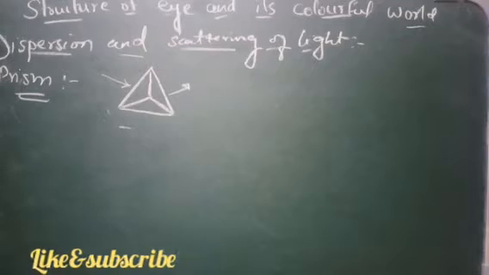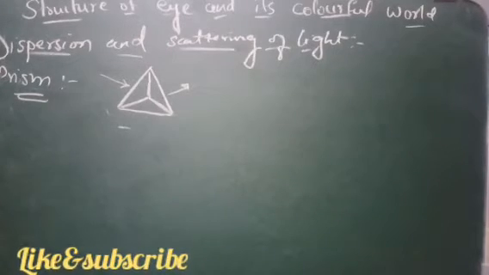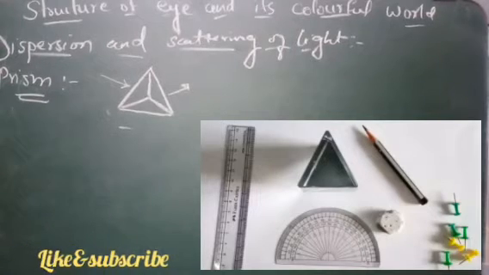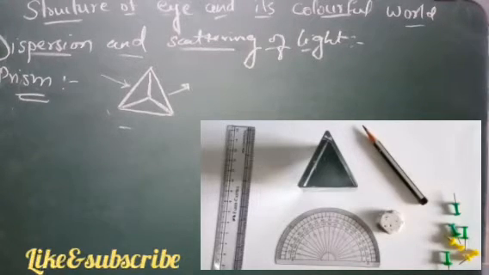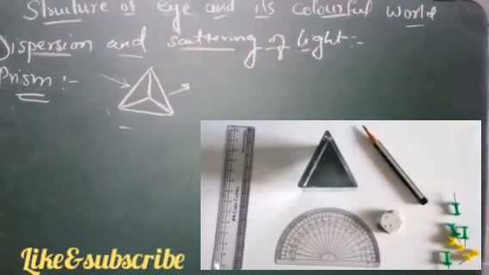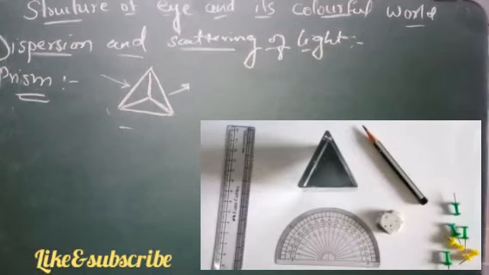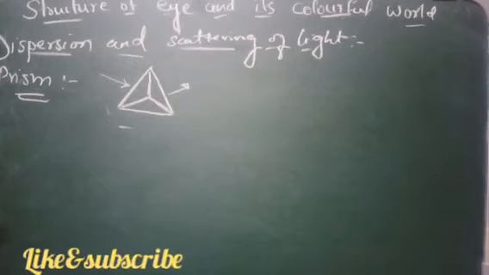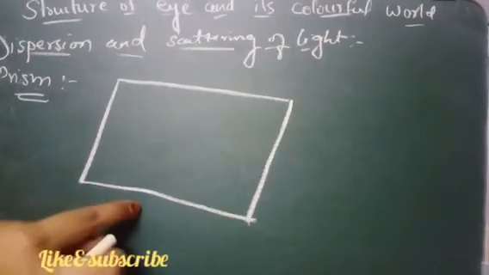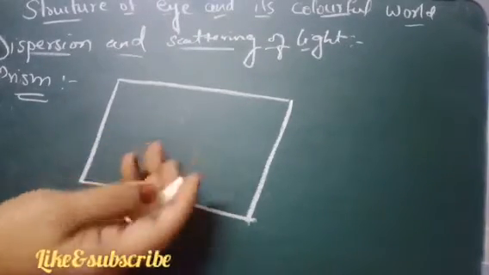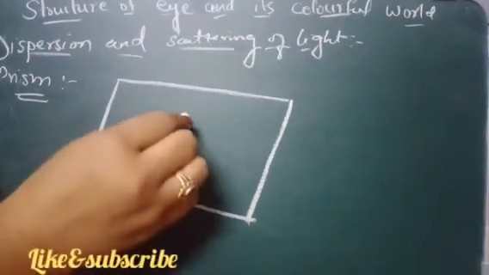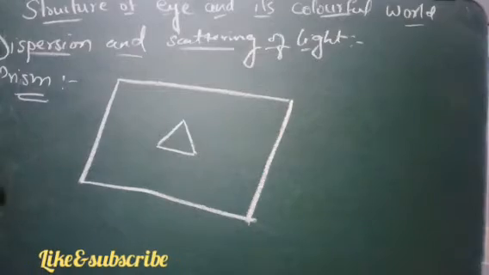Okay, we'll go with an activity. To do this activity, we require a prism, a piece of white chart that is 20 by 20 centimeters, a pencil, pins, a scale and a protractor. We are going to take the prism and place it on the sheet with its triangular base on the paper.